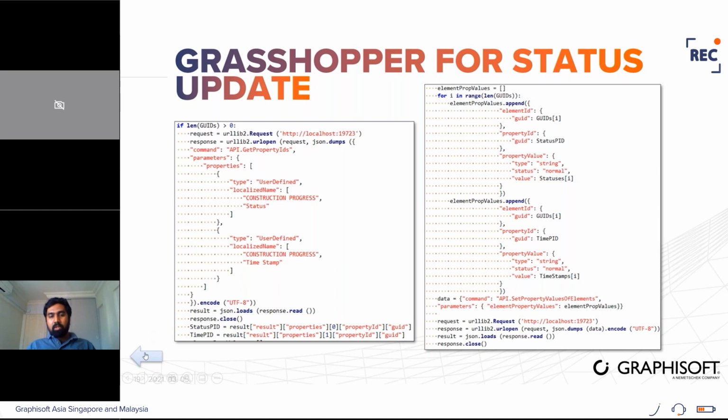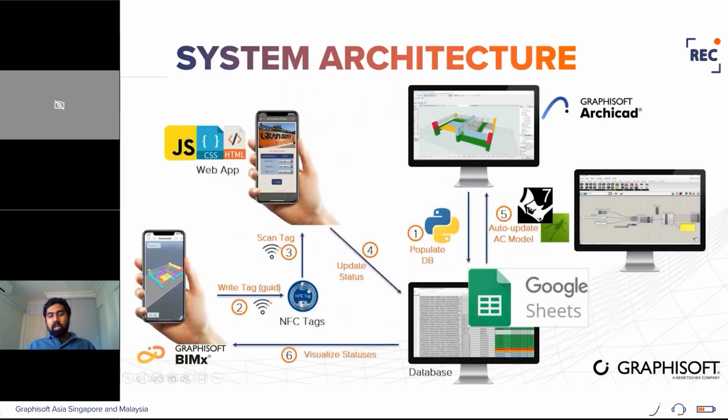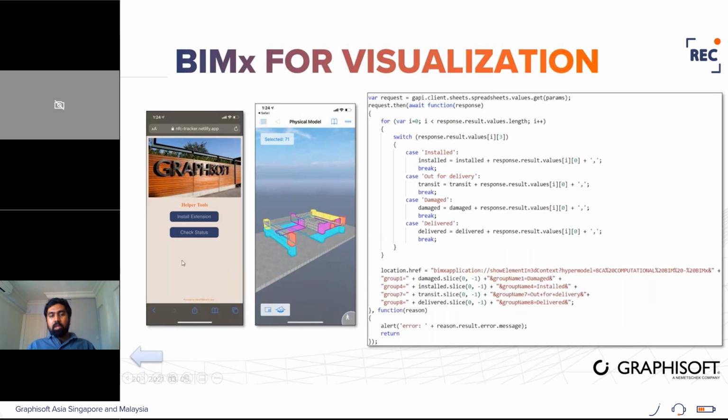Having all the statuses updated, we can now visualize the information on BIMx, which is again using an API functionality. As I told earlier, we are using web services to generate the URL from the Google Sheets and pass it on to open the BIMx model.